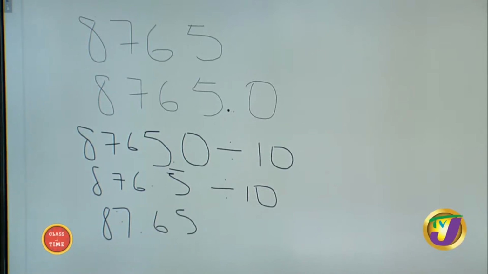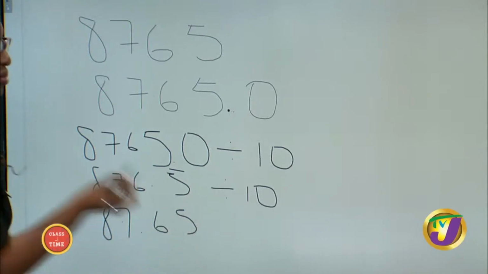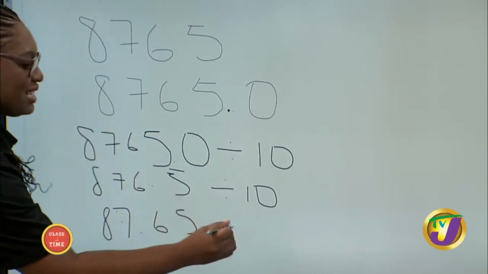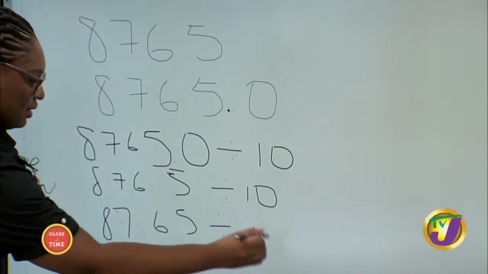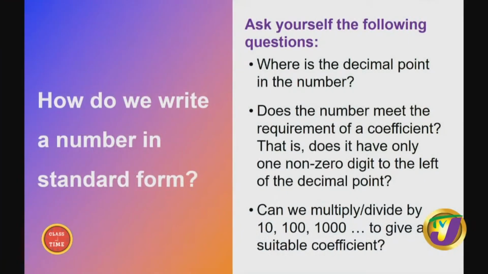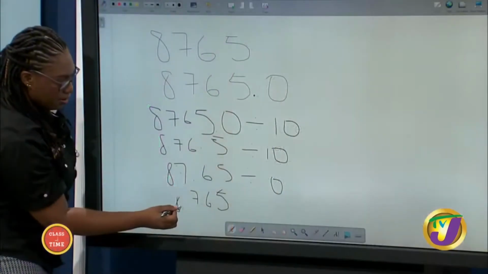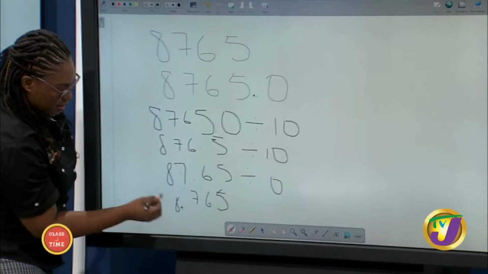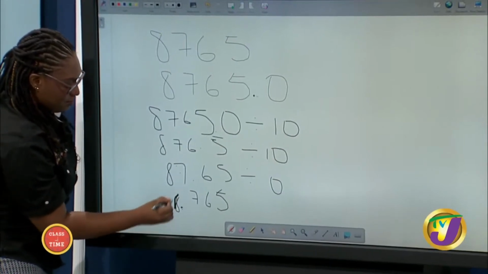That's still bigger than 10. So I'm going to divide again by 10. Now what we're going to get is 8 and 765 thousandths. You can see it a lot better now.